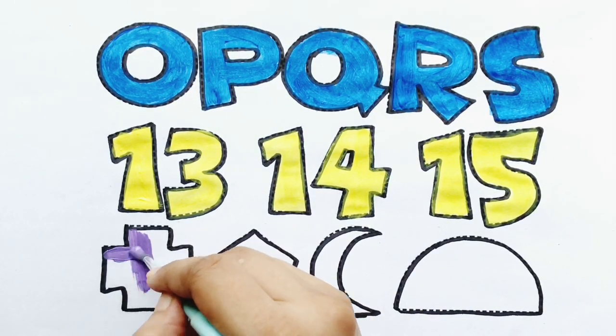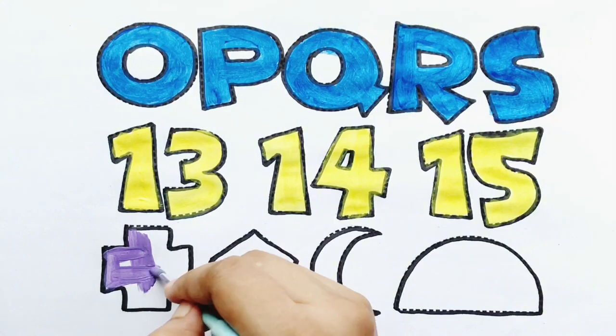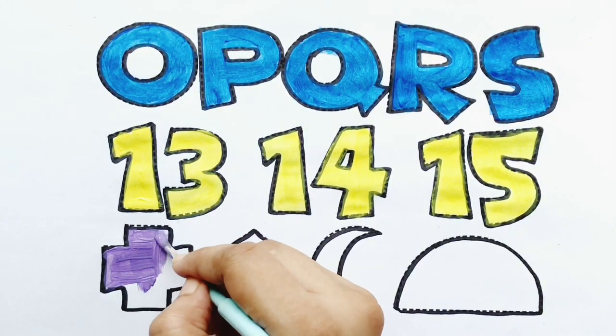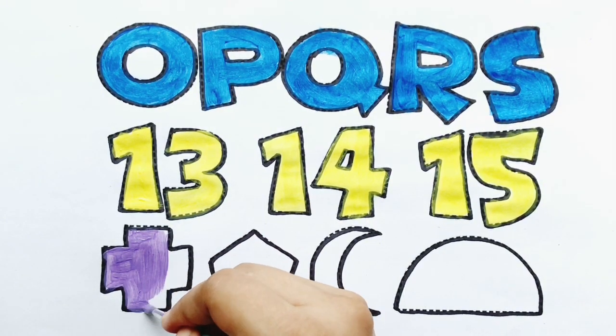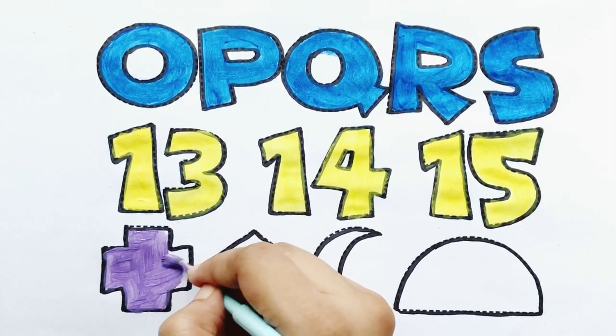Purple color. This shape is plus. Second shape is pentagon. This shape is moon. And last shape is semicircle.